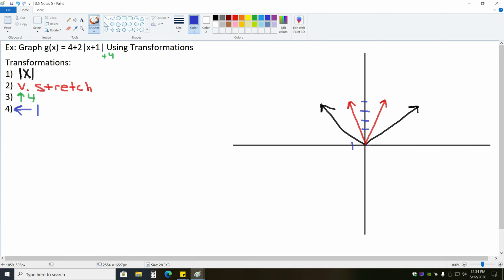So taking this point, we will now have a point up here, and then we will redraw the same shape we just ended with, this longer V shape. And we always want to note what the final function is. So this v here is our function g of x, and this is what the graph of 4 plus 2 times the absolute value of x plus 1 looks like.